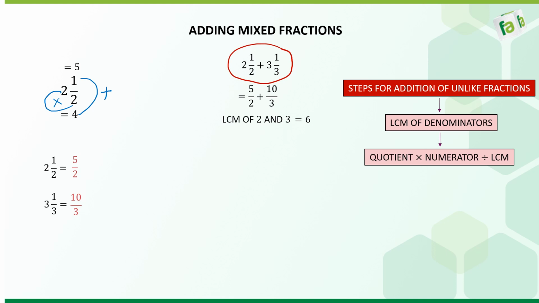So we will write the LCM 6 like this. 6 divided by 2 is equal to 3. So we write 5 into 3 and an addition sign. 6 divided by 3 is 2. So we will write 10 into 2 here.